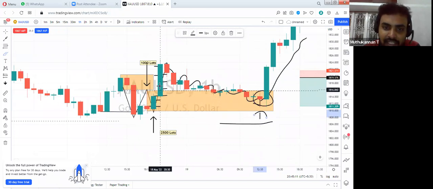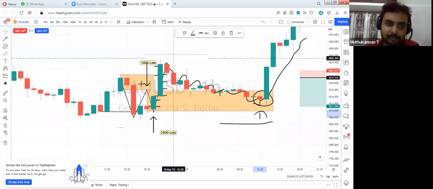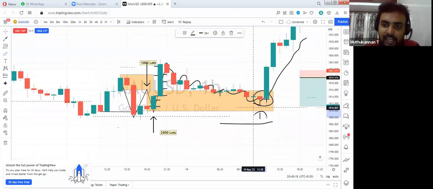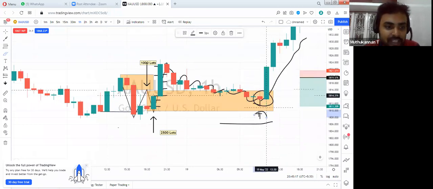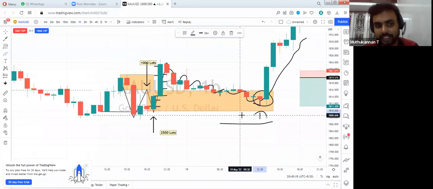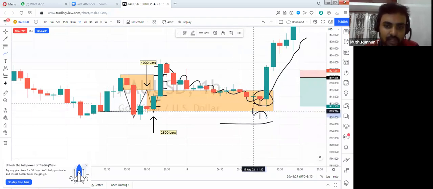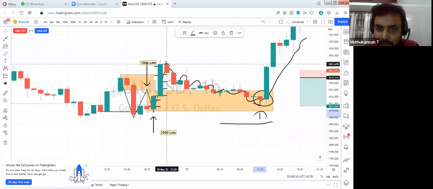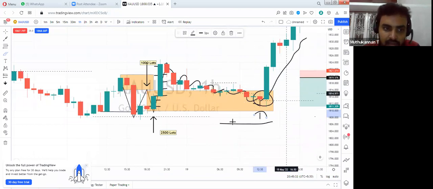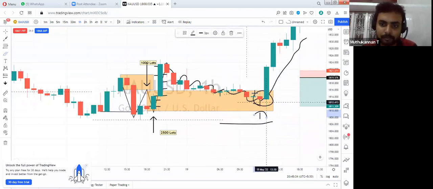If you take entries here, you are chasing the price. But if you take entry here, you are following the smart money. There is a difference between following and chasing, right? So we are patiently waiting for the price to come here, and we will be buying from here.